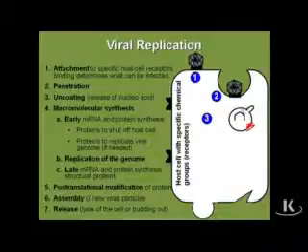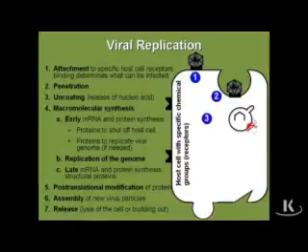So what has to happen next is we have to lose that capsid, and that process is called uncoating. That's the third step of viral replication, where we're uncoating, releasing the nucleic acid, which is shown here in red, from that viral capsid.